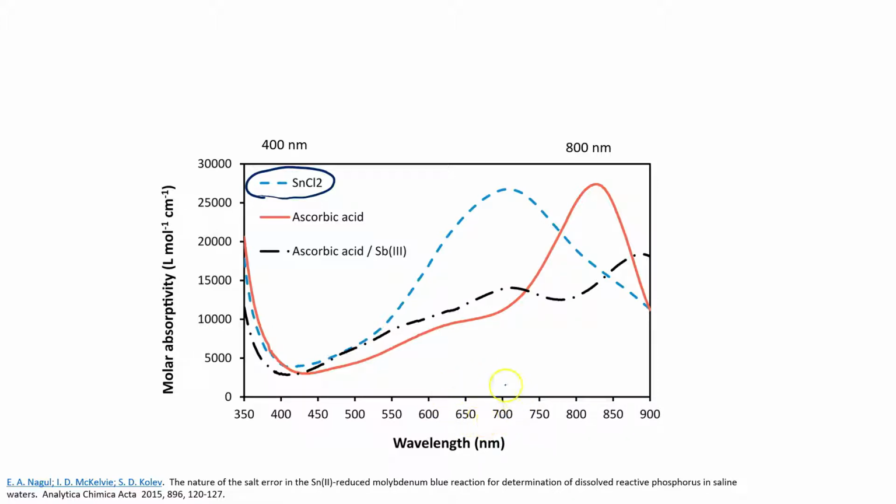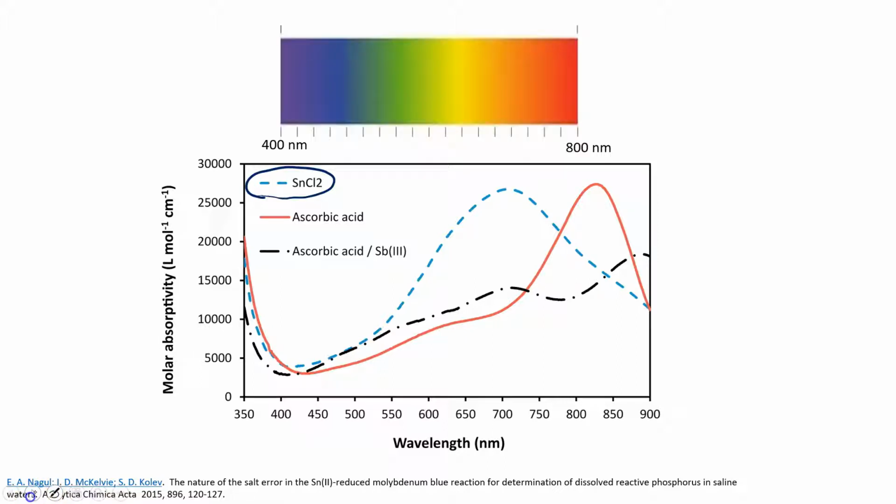And I just want to remind you of something that you probably learned a long time ago. Why did that substance, that complex, appear blue? Well, look at the intensity of the absorbance from about 400 to maybe 500 nanometers. It's pretty low, isn't it?